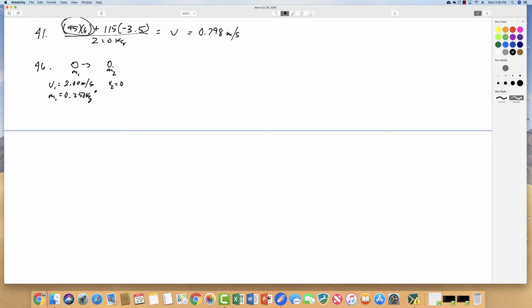And the mass of mass 2 is 0.40 kilograms.